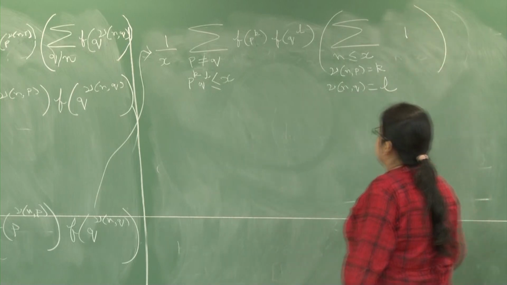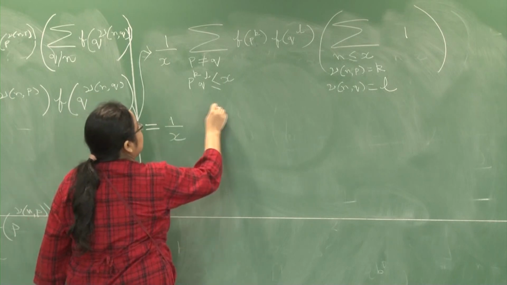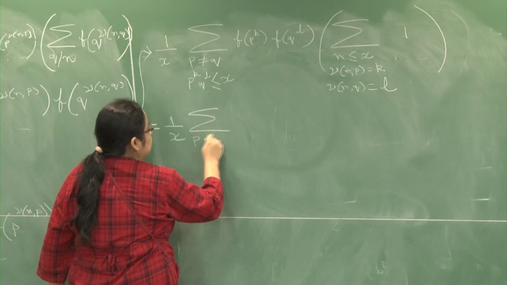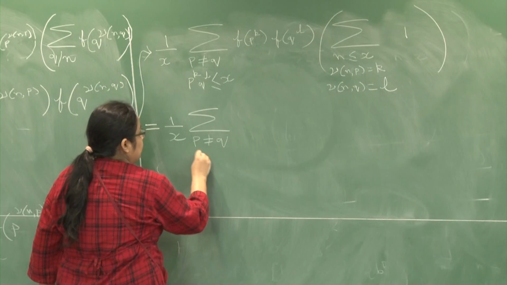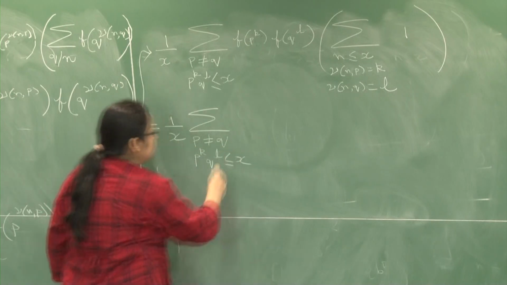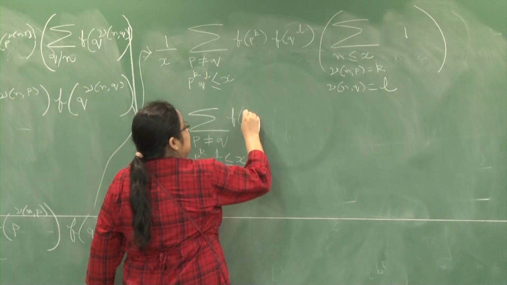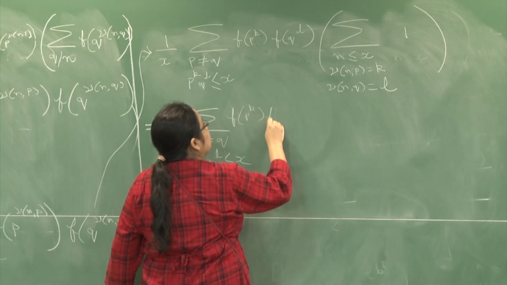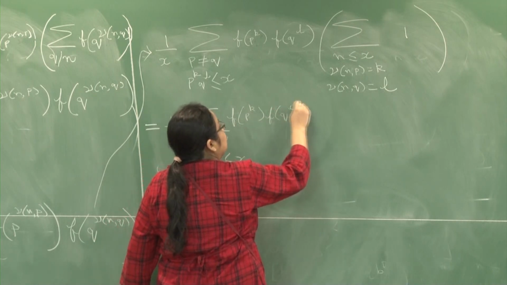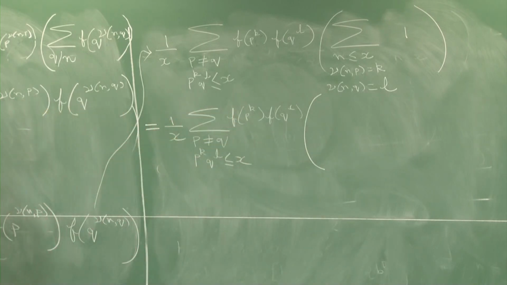What is this inner sum now? So 1 by x, the outer sum is over all those p and q, and all corresponding powers, so that the product is less than or equal to x, f of p to the k times f of q to the l. Okay. Now, to say that mu of n comma p is equal to k is to say that p to the k divides n, but p to the k plus 1 does not divide n.